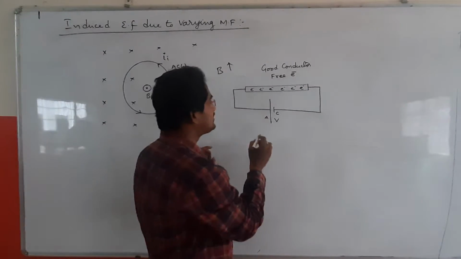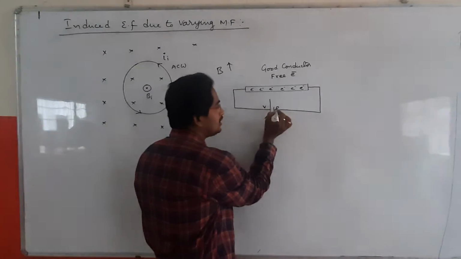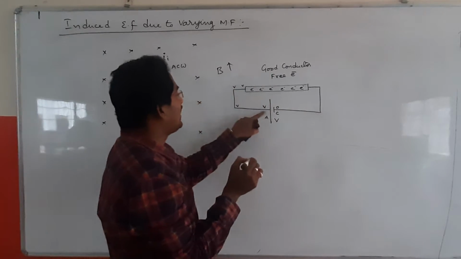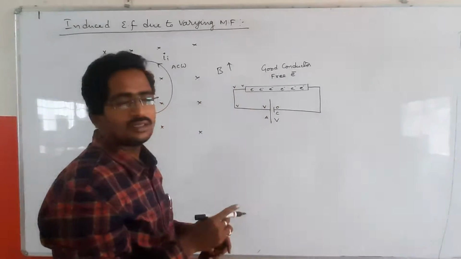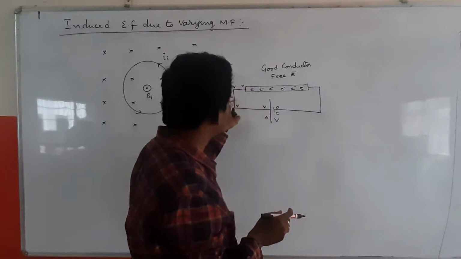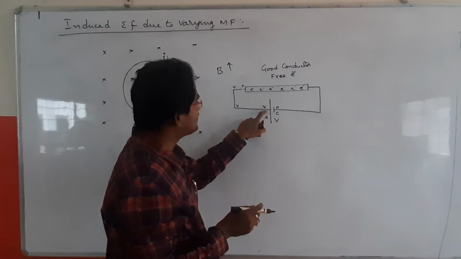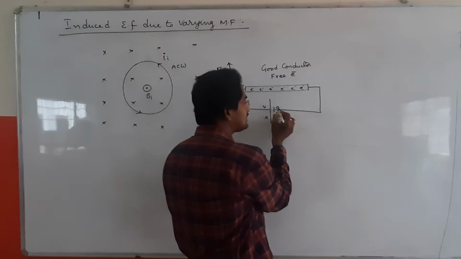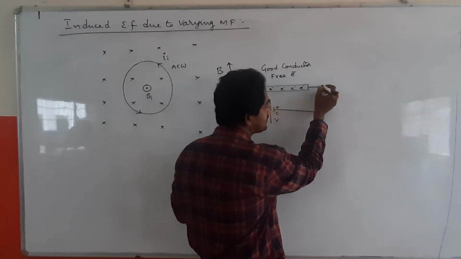That means if the potential is V here and 0 here, then it is V all along, because it is a direct connection, a short circuit. So if the potential is V here, here also V. And if the potential is 0 here, here also 0.